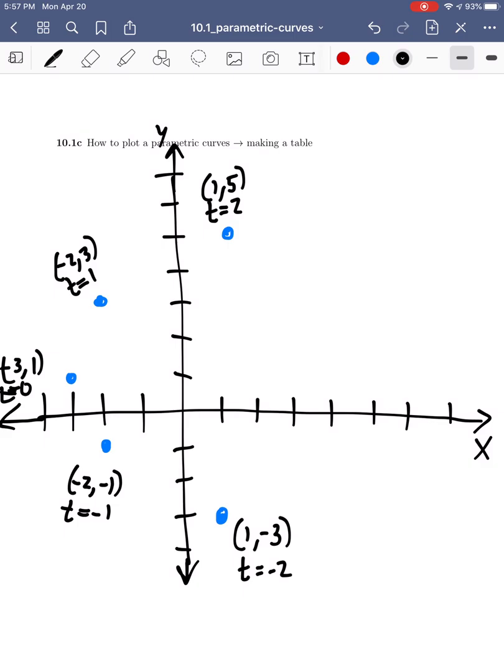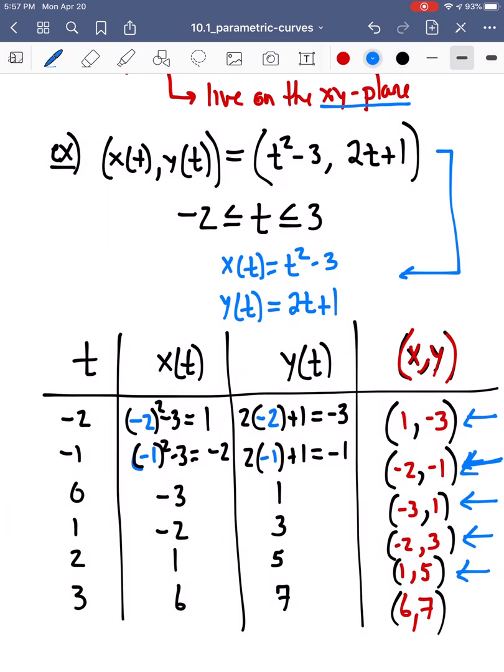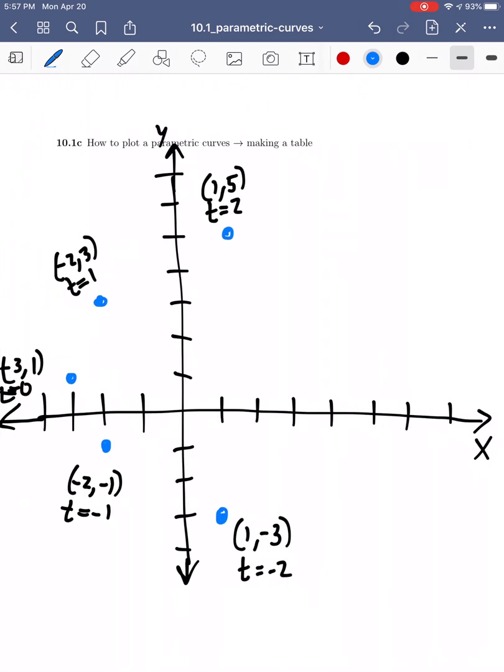And the last point that we tried to plot is when t equals 3, at x equals 6, y equals 7. So we'll move over 6 spots, go up 7, and that's going to be the location of our last point. So that's at 6, 7, and that happens when t is equal to 3.